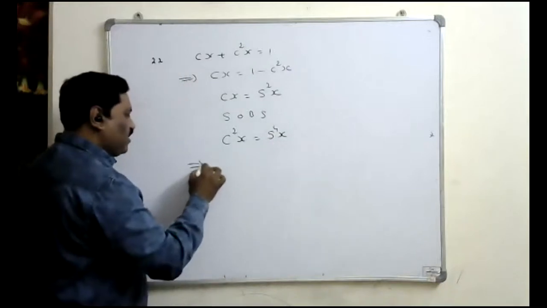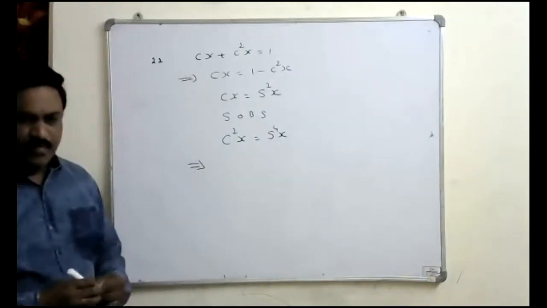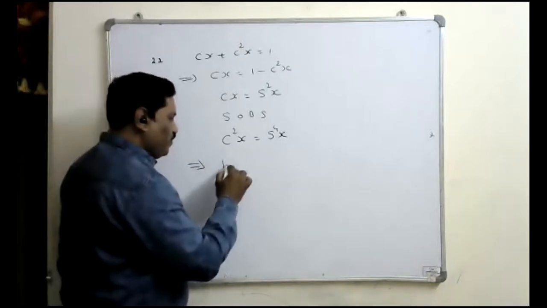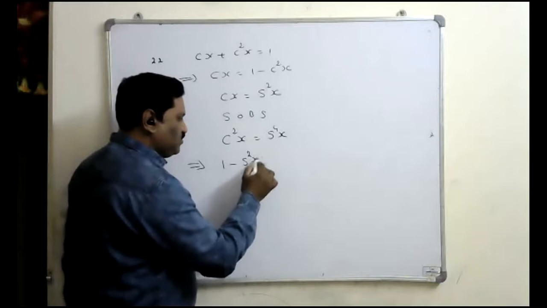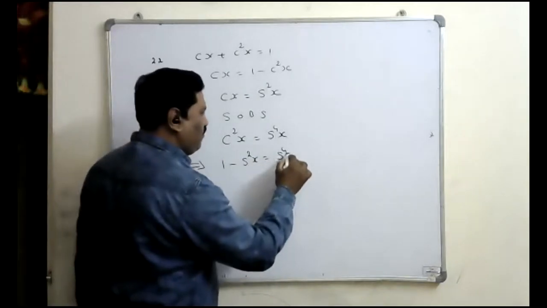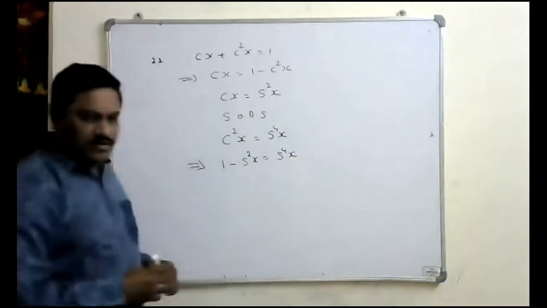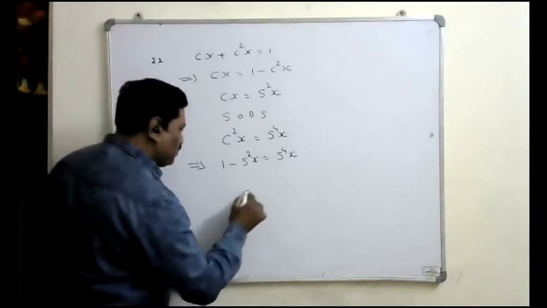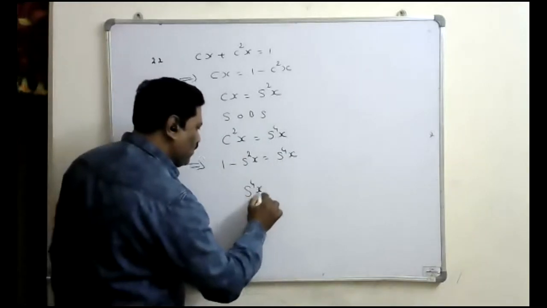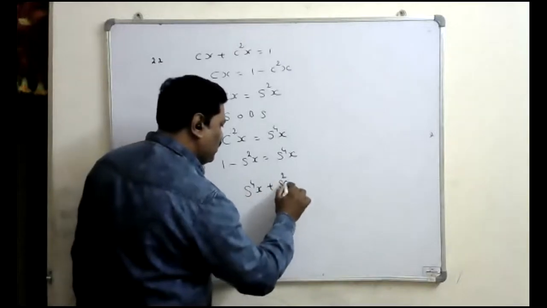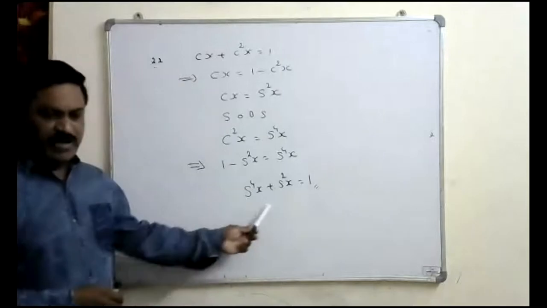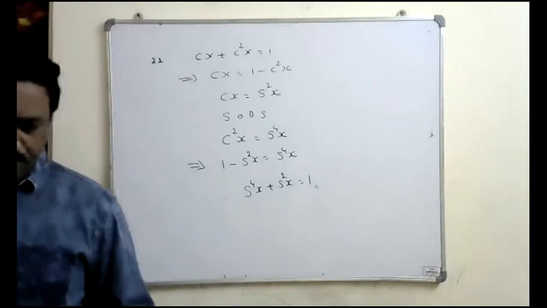So tell me, how can you write cos square x? 1 minus sin square x is equal to sin power 4x. Now send this negative term to the other side. Therefore, sin power 4x plus sin square x is equal to 1. This is the answer. They are asking about this value, that is 1. Take that.